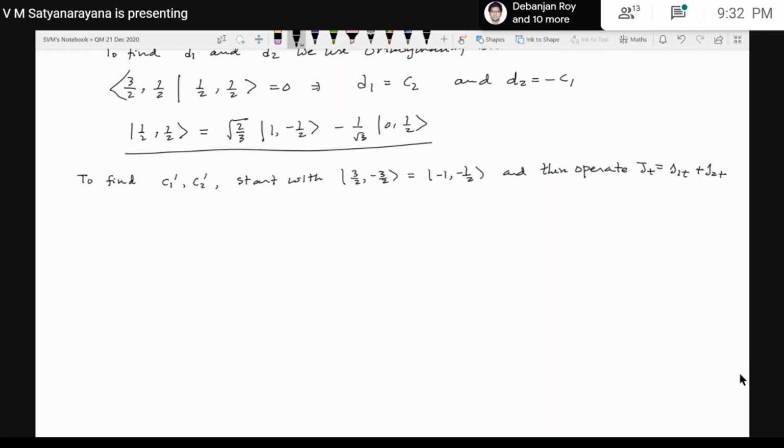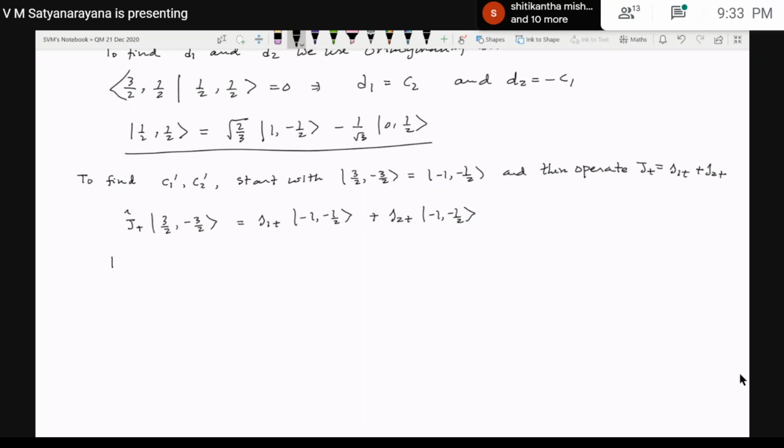Okay, so why I am saying this is better, because you can just raise this one. So now you ask what is j plus acting on 3 by 2 minus 3 by 2. That's equal to j1 plus acting on minus 1 minus half, plus j2 plus acting on minus 1 minus half. Okay, so you can write this.